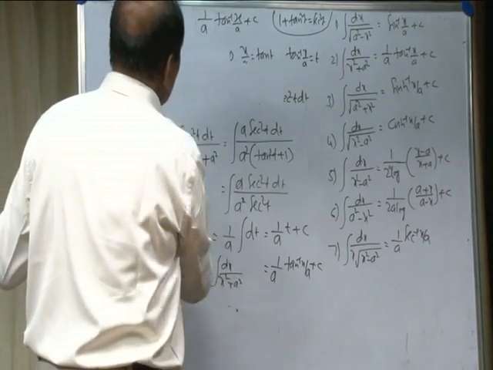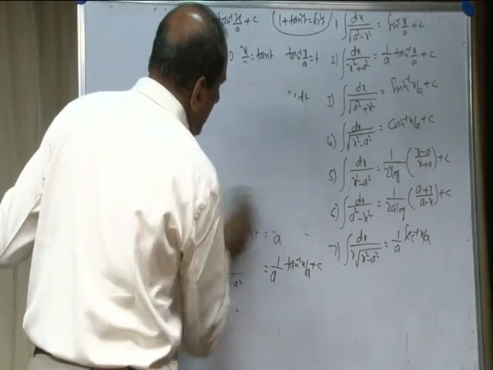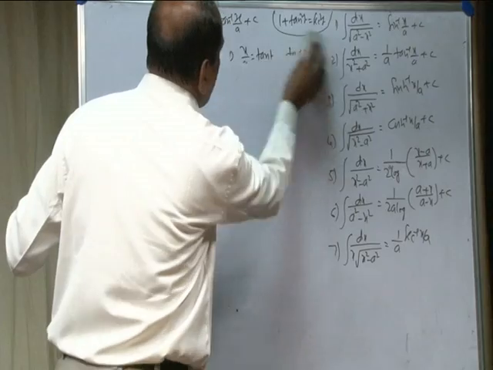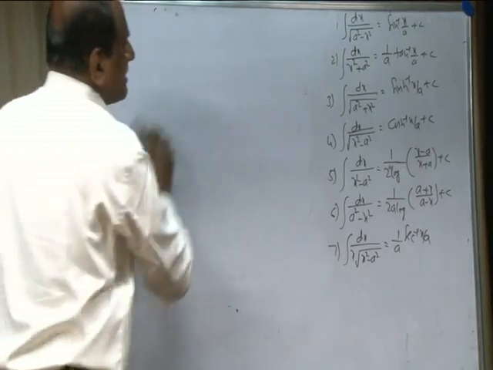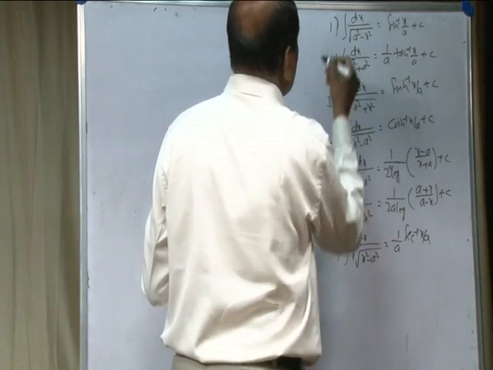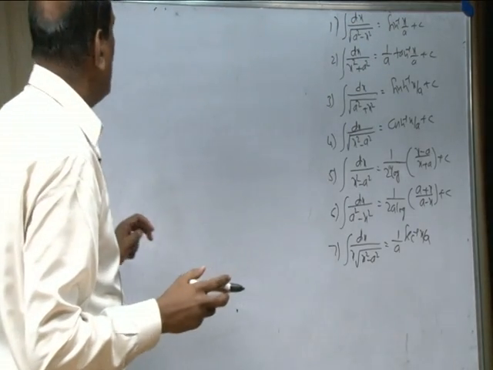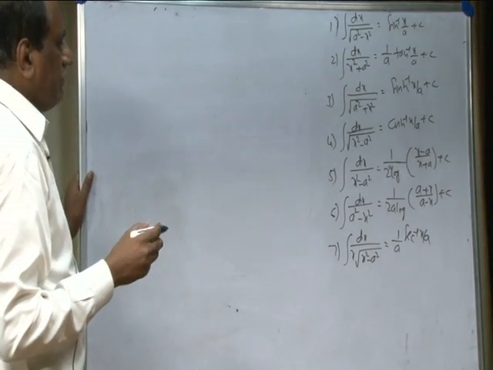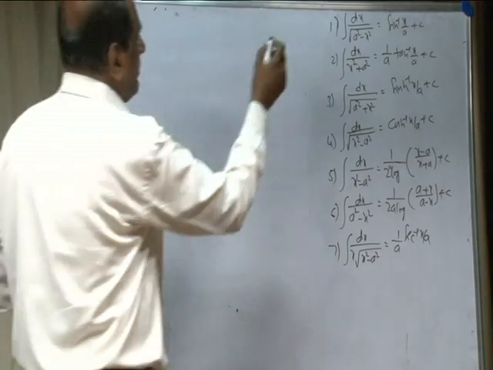Now, I am going to consider problems based on these standard 7 results. Keep these 7 results on the RHS. Now, note down some problems.